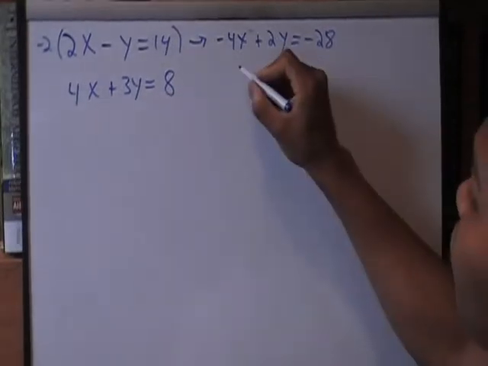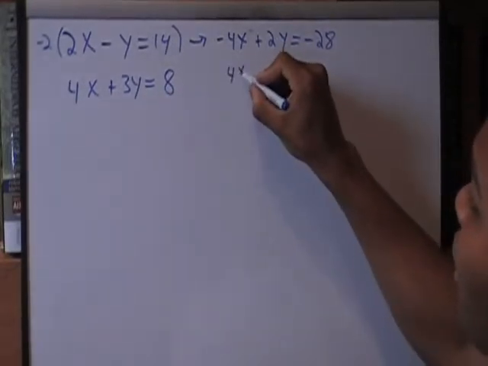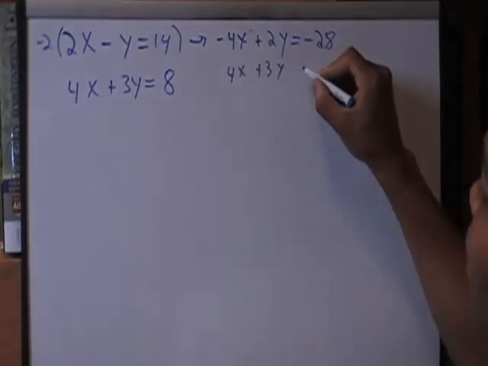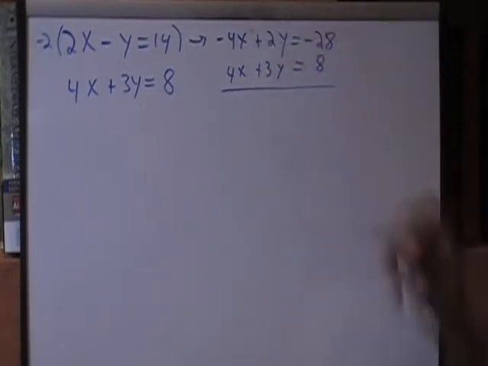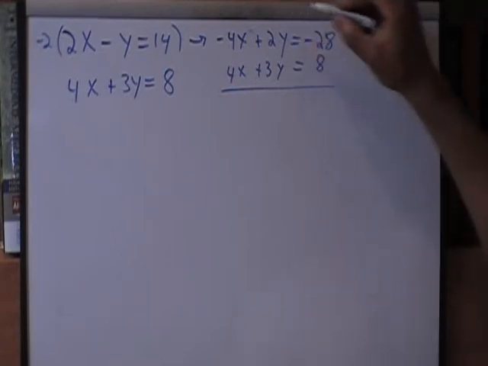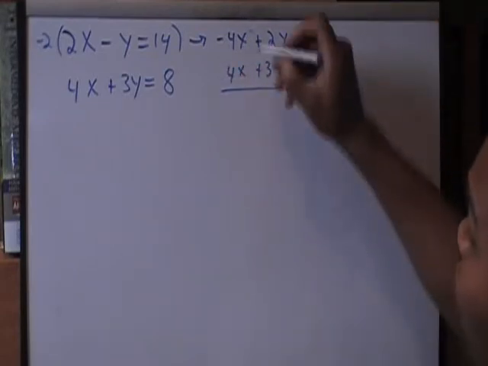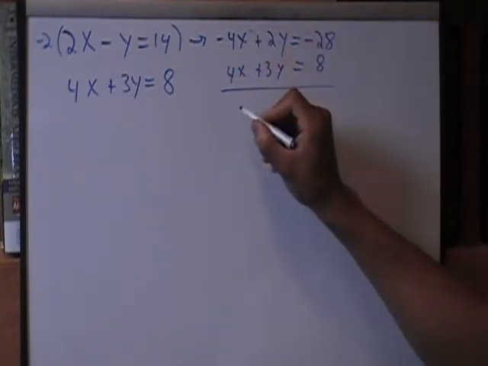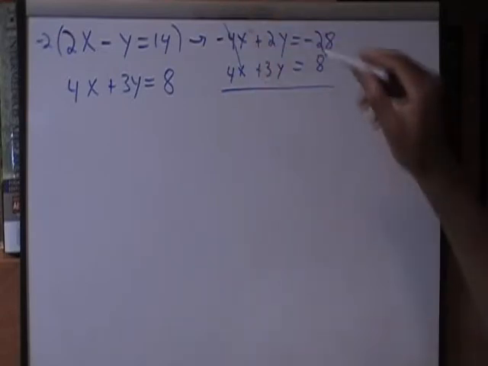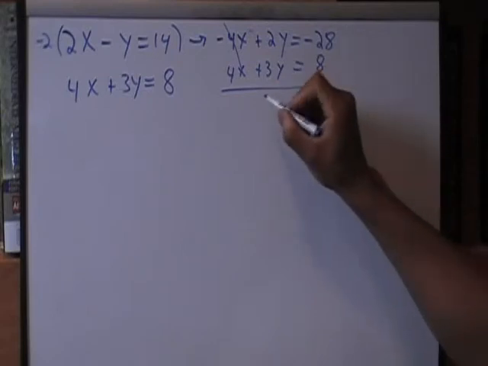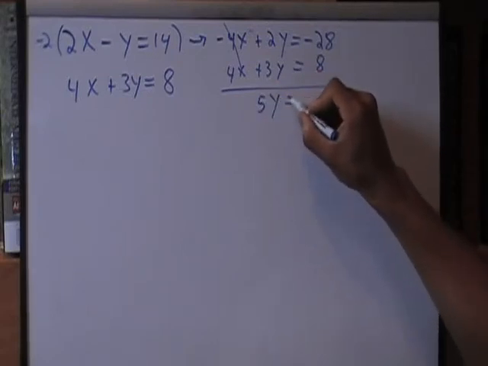The second equation stays as is, 4x plus 3y equals 8. Now we have opposite coefficients in front of the x variable. So when we add these two together, we have -4x plus 4x, that gives me 0. So we can just put an x through there. 2y plus 3y is 5y.